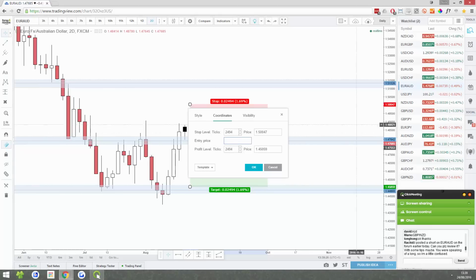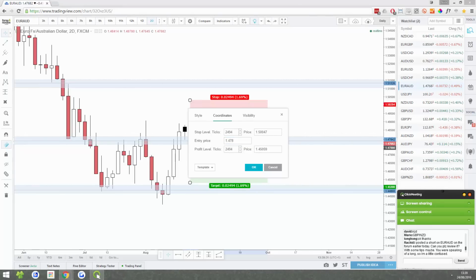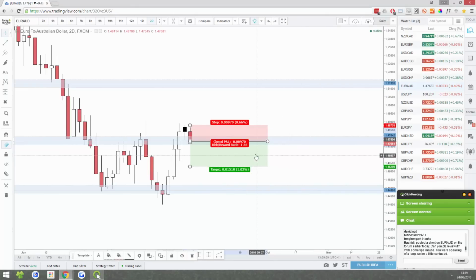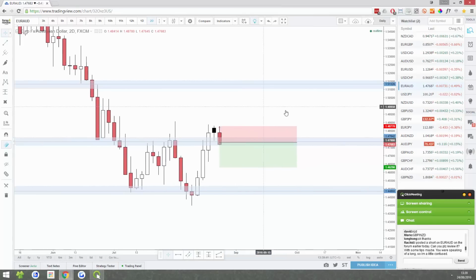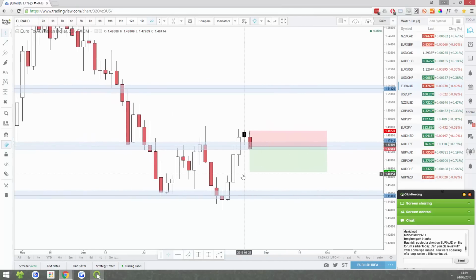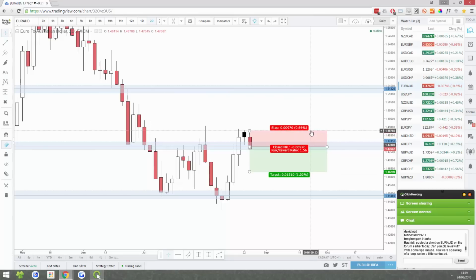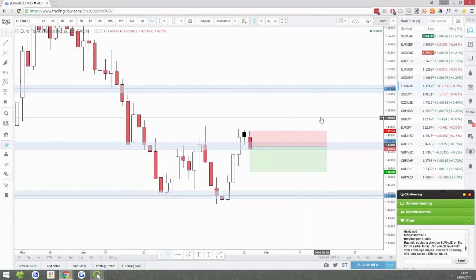So you got in at 147.80. Your stop is, take profit is, all right. Is that the right stop? Is that what your stop is?